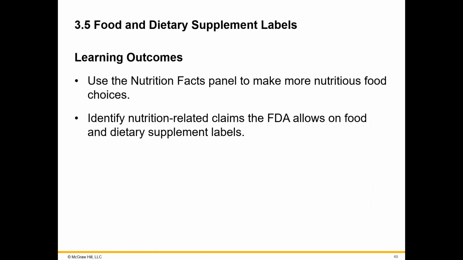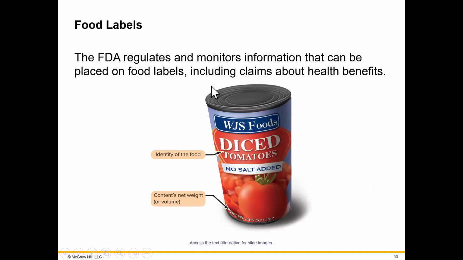So when we look at labels, let's spend a few minutes on labels and then we will be done with chapter 3. When you look at the nutrition facts label, the first labels were related to food related illnesses and allergies way back in about the 1860s and 70s.